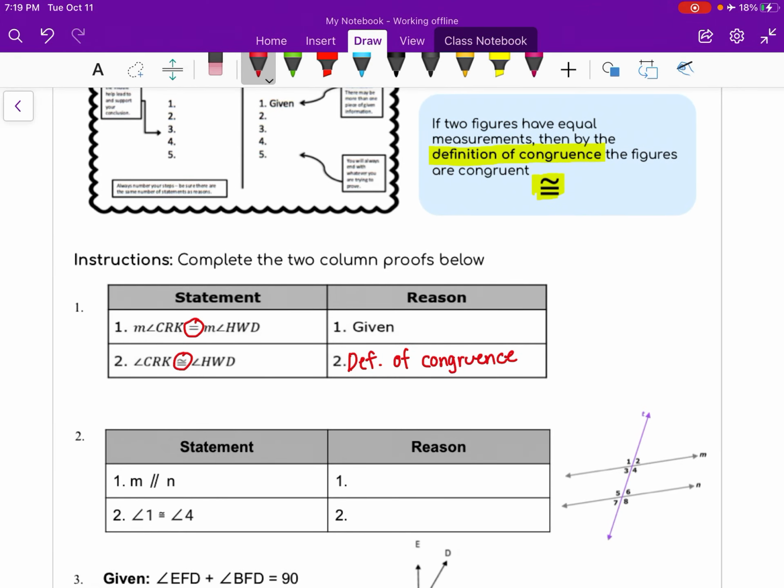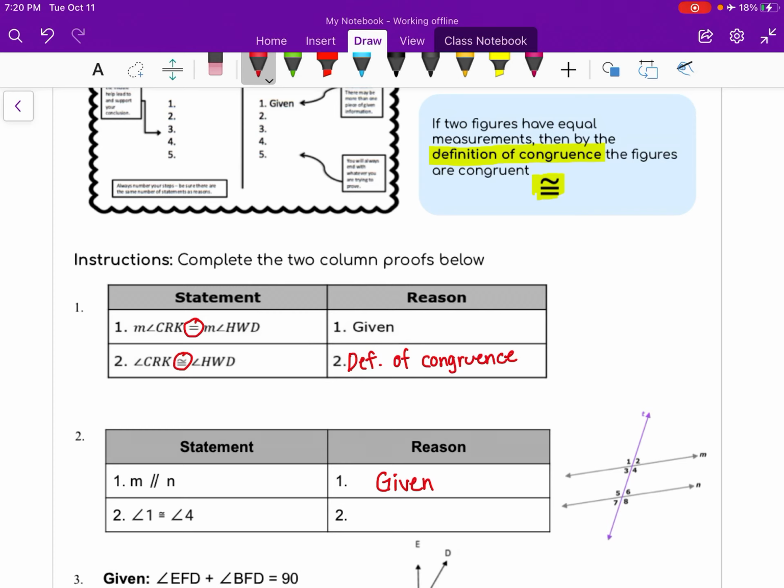For proof number 2, we're filling in the 2 reasons that we see. As per usual, given always goes first. So reason number 1 should say given. Now, if we look at statement number 2, this says that angle 1 is congruent to angle 4.